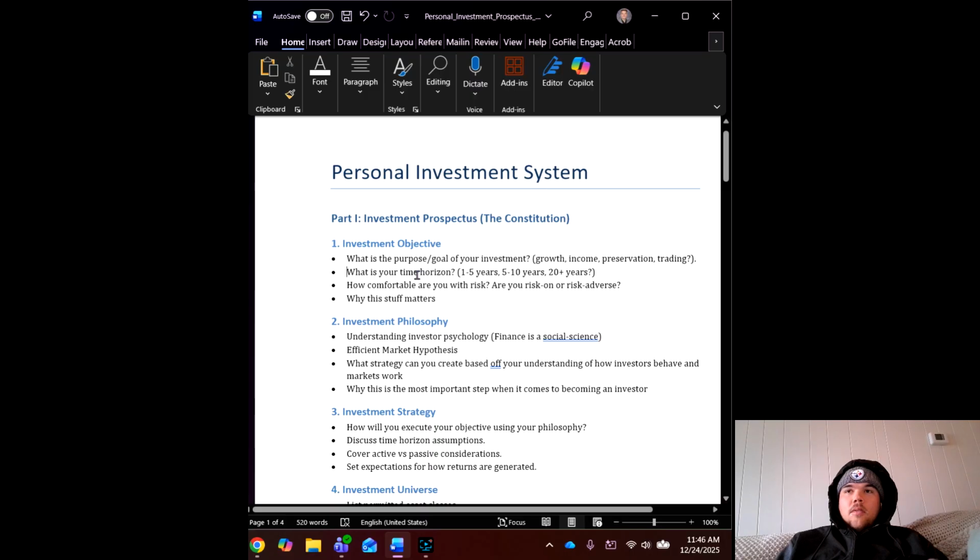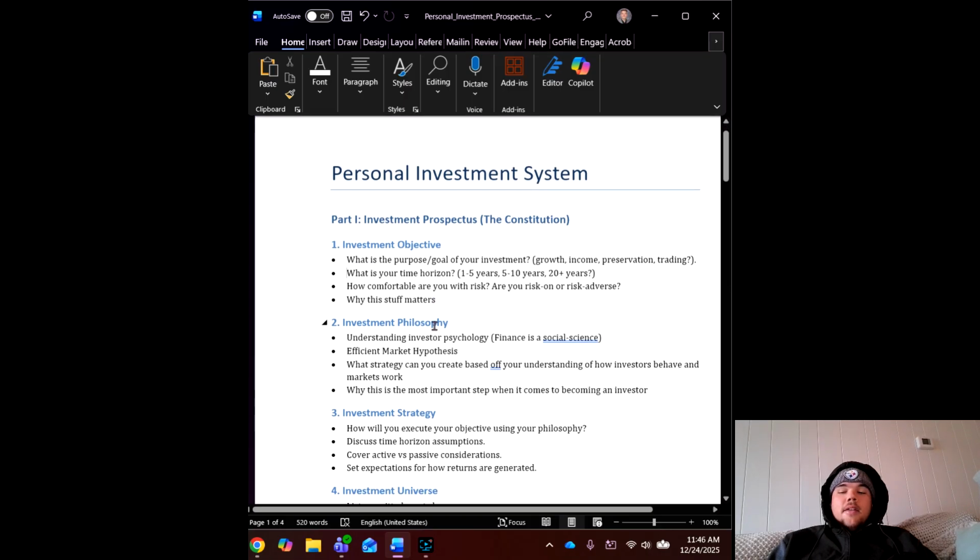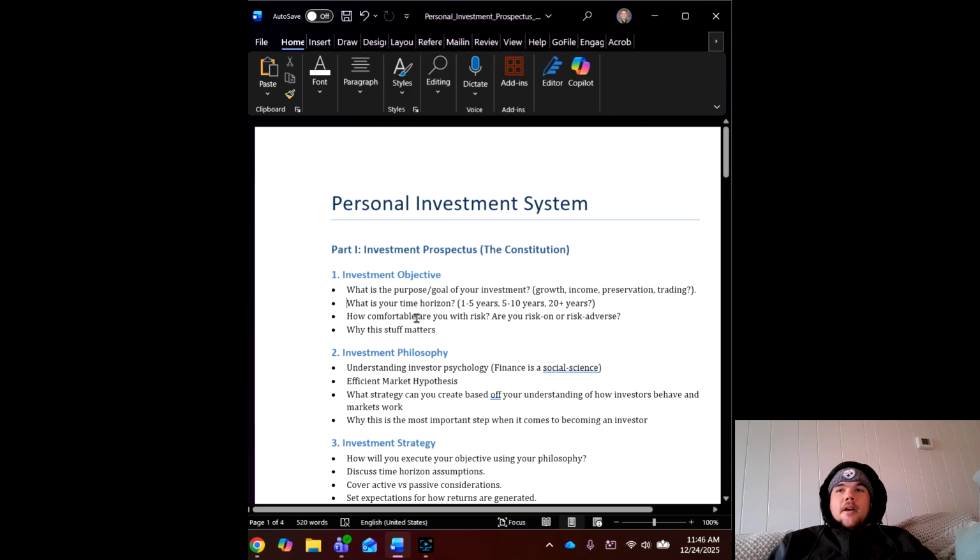That boils down to your investment prospectus as well as your procedure manual. That's why this stuff is important, because it will all play together in the end. You can go back to these things and give yourself a little bit of confirmation that you're doing either the right thing or the wrong thing.